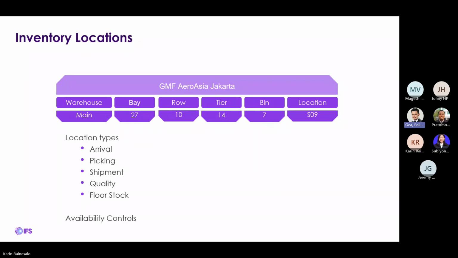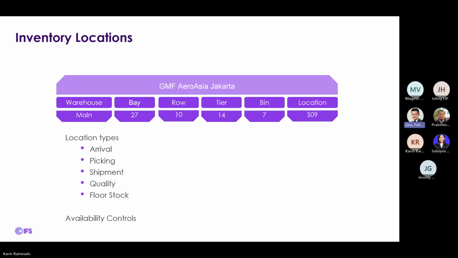They're in perhaps a staging location waiting to be sent out the door. Quality location, that is exactly what it sounds like. Anything that's in a quality type location can't be used yet until they get out of that quality location. Those pretty much are, you could do whatever further restricted based on the availability control. But those are our use locations, if you will.